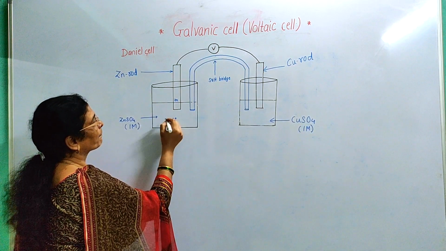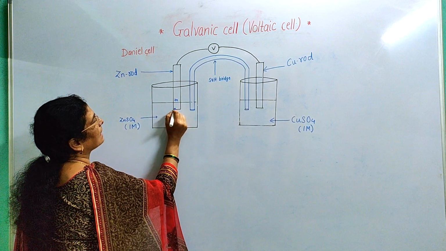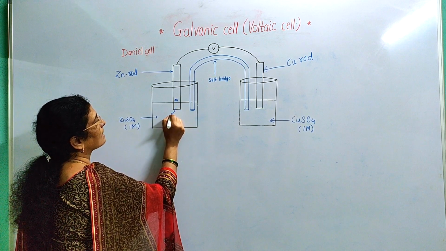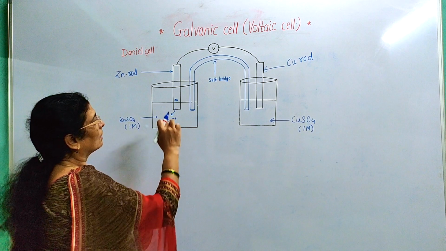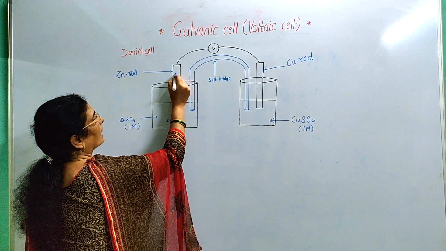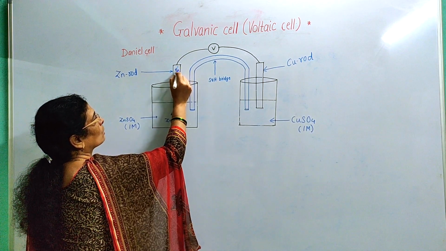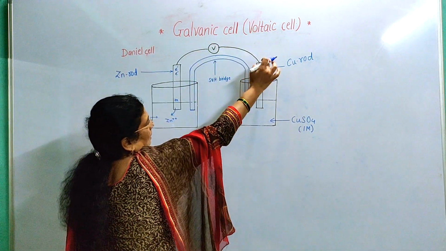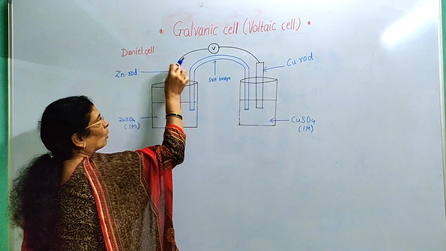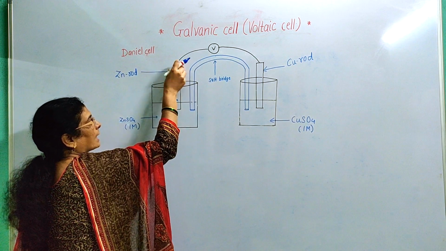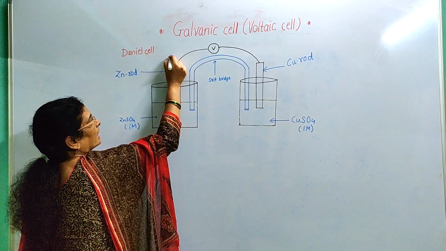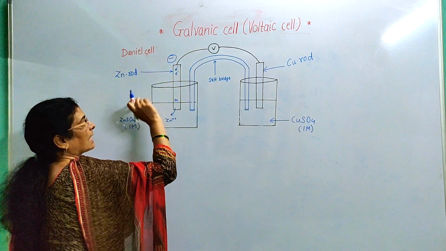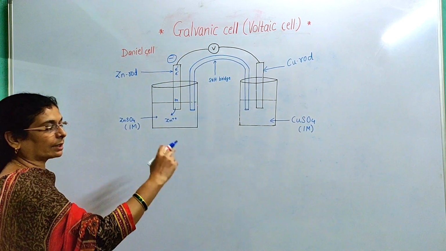So what happens here? Zn++ ions are produced and they will pass into this solution. Electrons will be produced and these electrons from this rod will be carried towards this copper rod. And so this Zn rod becomes negatively charged, or it works as a negatively charged electrode.